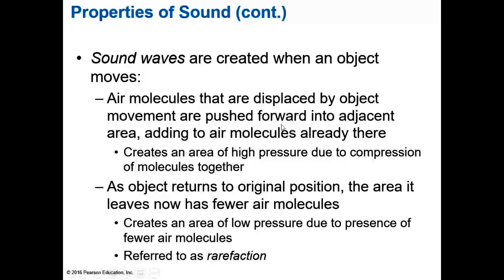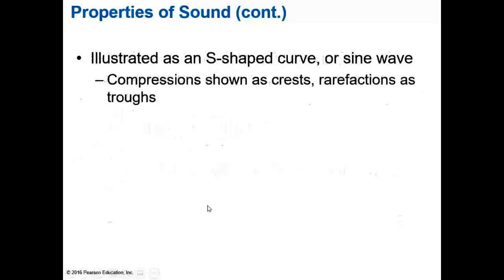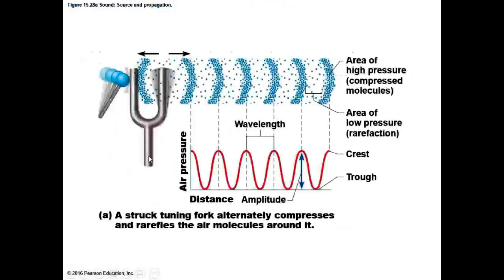So basically, we're just creating waves in the air, as we said before. Don't worry about rarefactions and compressions; it's just air moving back and forth. And whenever that happens, it comes into your external acoustic meatus.